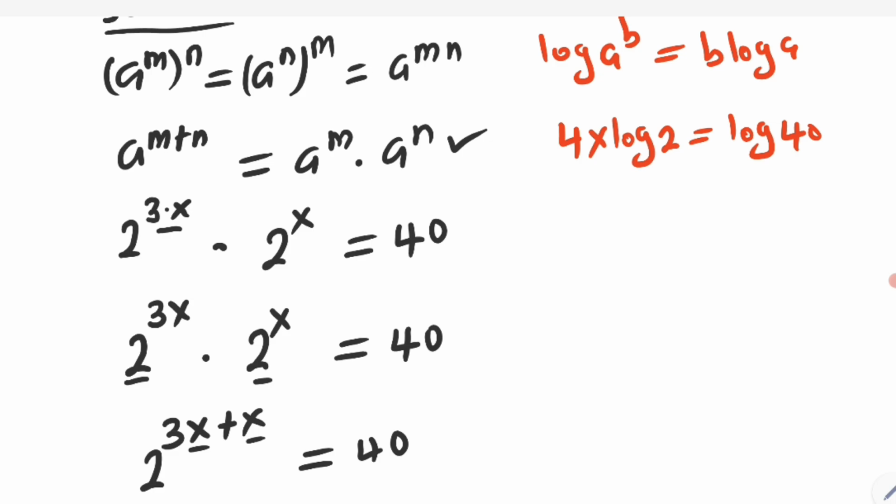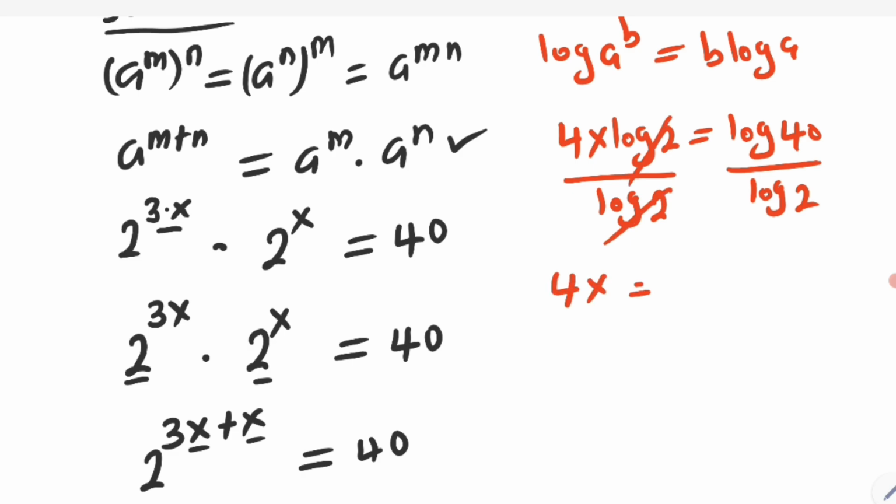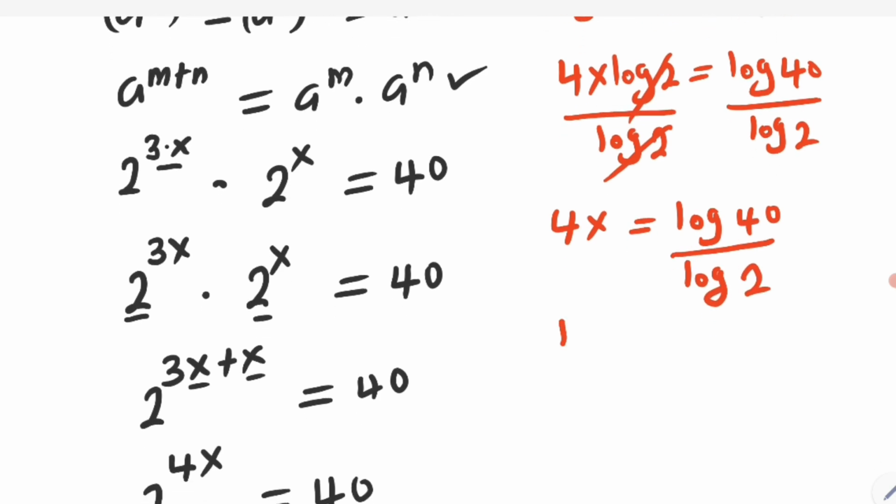Now let's divide both sides of this equation by log 2. This divided by log 2. Then this log 2 cancels this log 2. 4x is equal to log 40 divided by log 2. But 40 is equal to 20 multiplied by 2.